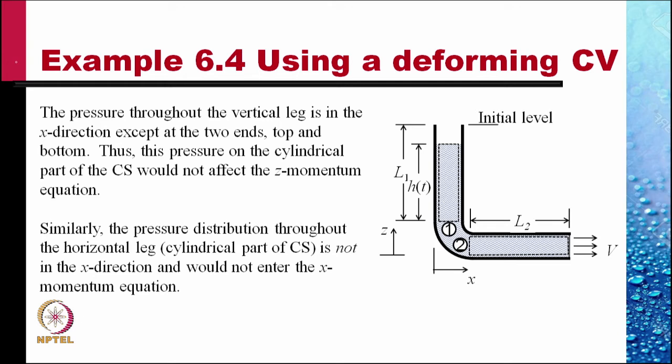Similarly, the pressure distribution throughout the horizontal leg, that is the cylindrical part of the control surface of control volume number 2, is not in the x direction and would not enter the x momentum equation. So, we will write the Z momentum equation for control volume 1 and the x momentum equation for control volume 2.